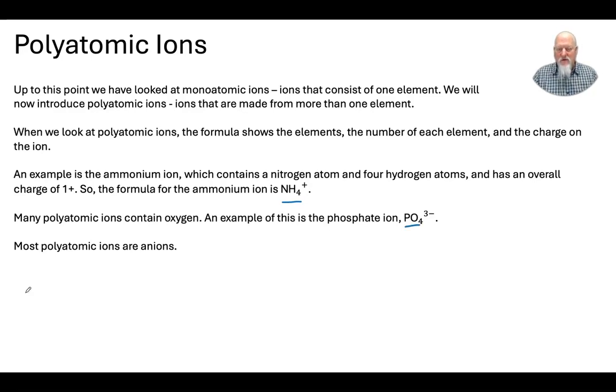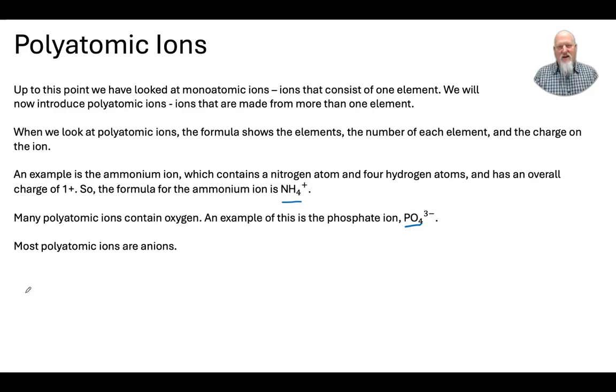And then a typical polyatomic anion is phosphate. So NH4+ is called ammonium. That's the ammonium ion. PO43- is called the phosphate ion. The phosphate ions are really important in life, in your body functioning properly. It's how energy gets moved around a bit.